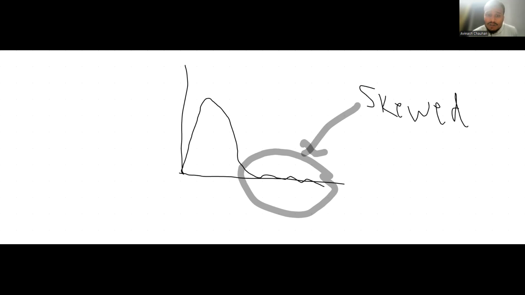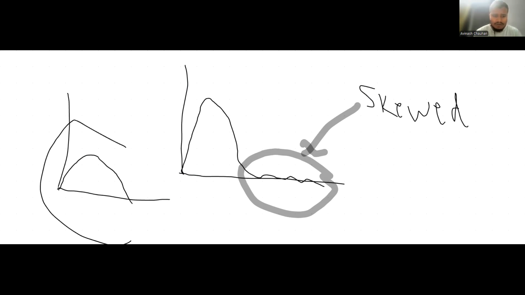Why is it skewed? Skewness means it's bending, it's bending towards one side. It's not normal. How can you recognize a normal graph? A normal graph looks like this, with the x-axis and y-axis, and if my graph is like this, then there is no skewness here.